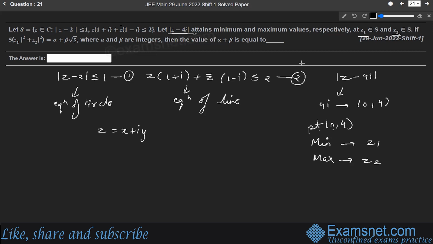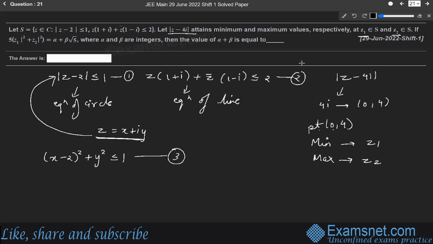And what will be the equation in a real form? It will be (x minus 2) whole square plus y square is less than or equal to 1. Consider it as equation number 3.